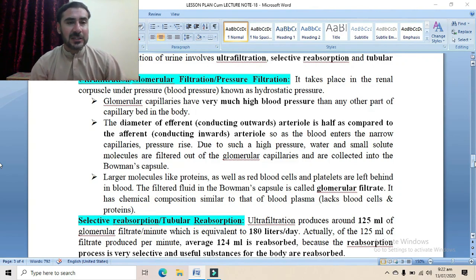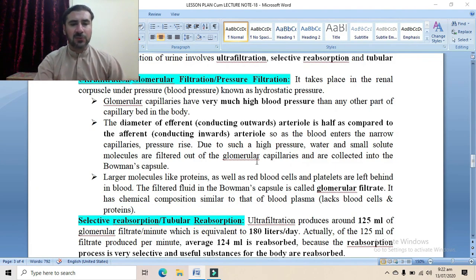Secondly, the afferent arteriole which is entering into the glomerulus has a larger diameter as compared to the one which is leaving the glomerulus, the efferent one. Because of these two reasons, high pressure is created, and due to this high pressure the blood is filtered. The blood is filtered from the capillaries, and the filtrate is collected inside the Bowman capsule.